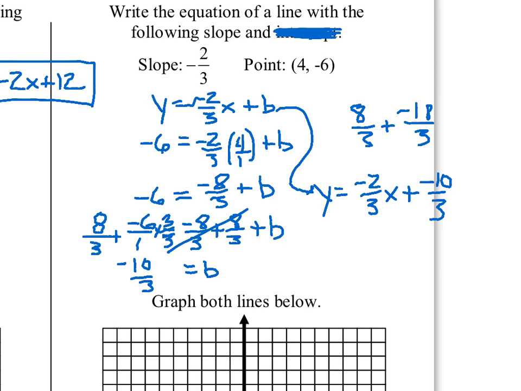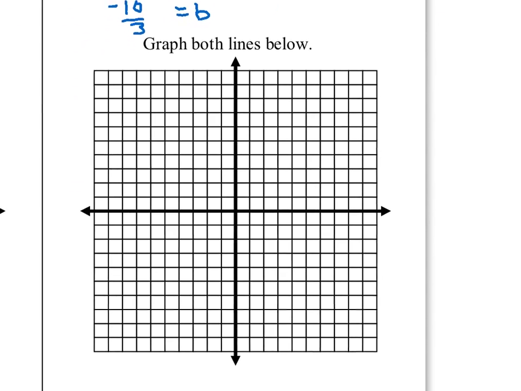This is a skill that you should have because we did do this and it was quizzed earlier in this unit. Negative 10/3 is the same thing as negative 3.33. So I'm going to come down to negative 3 1/3. I'm just going to approximate where that is between negative 3 and negative 4.